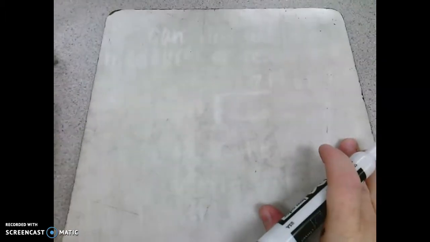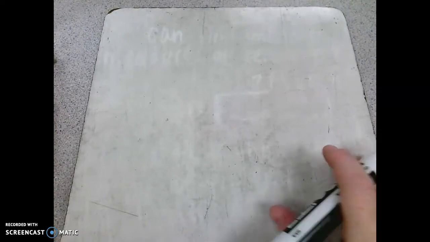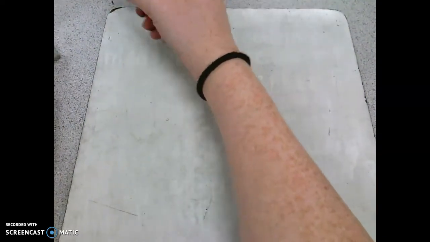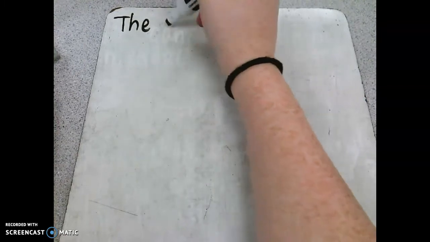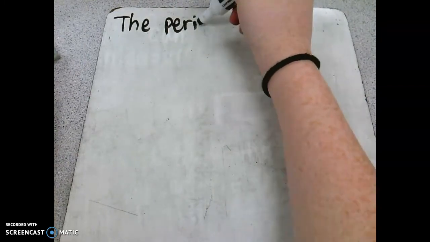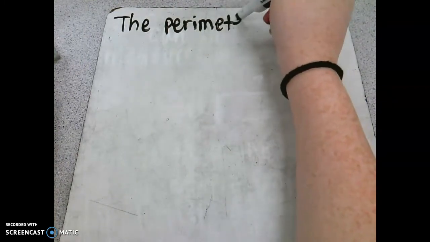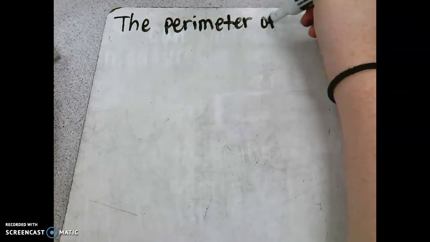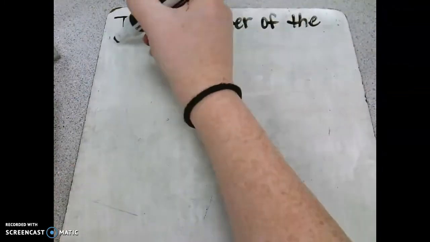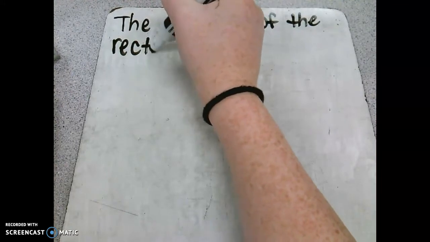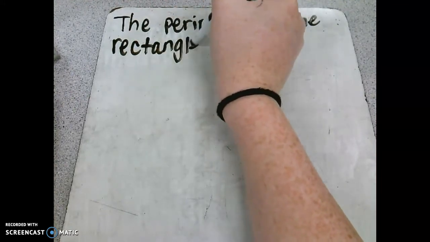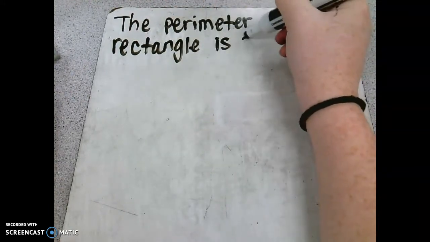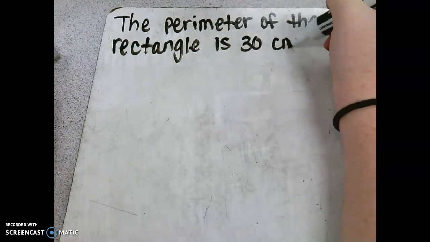they're going to give us the perimeter. So this is going to be a little different. So our question, the perimeter of the rectangle is 30 centimeters.